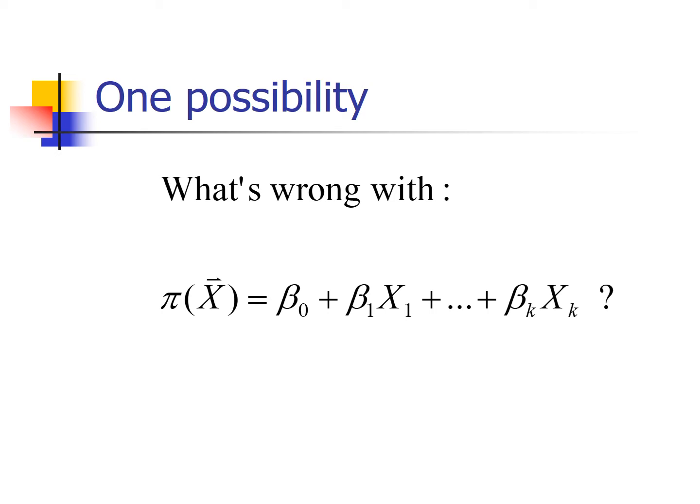Exactly. The bounds of that equality do not necessarily match up, agreed? The left-hand side is a probability. Probabilities are always, without exception, between 0 and 1. The right-hand side, for certain explanatory variables, continuous ones, for example, and certain values of those things, could in theory take any value from negative infinity to infinity.